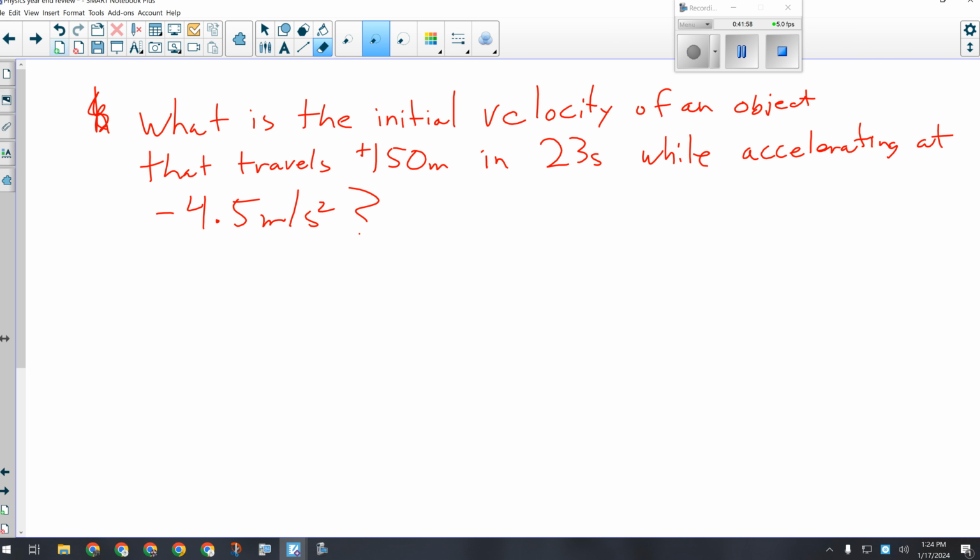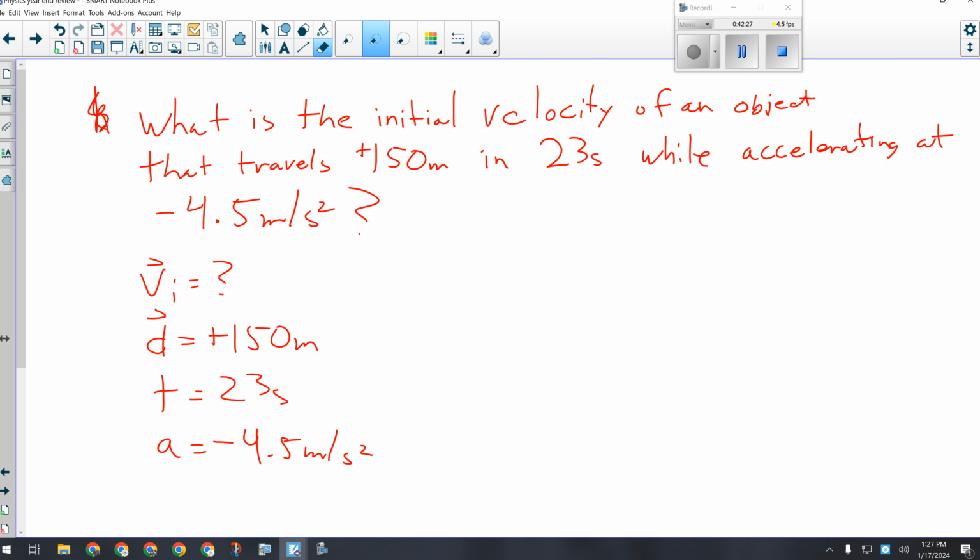Okay, give that one a try. Okay, so I picked this one because it uses that formula that Tyler asked about. So what's the initial velocity? We're looking for VI here, of an object that travels positive 150 meters. So they gave me a displacement there, in 23 seconds, while accelerating at negative 4.5 meters per second squared.